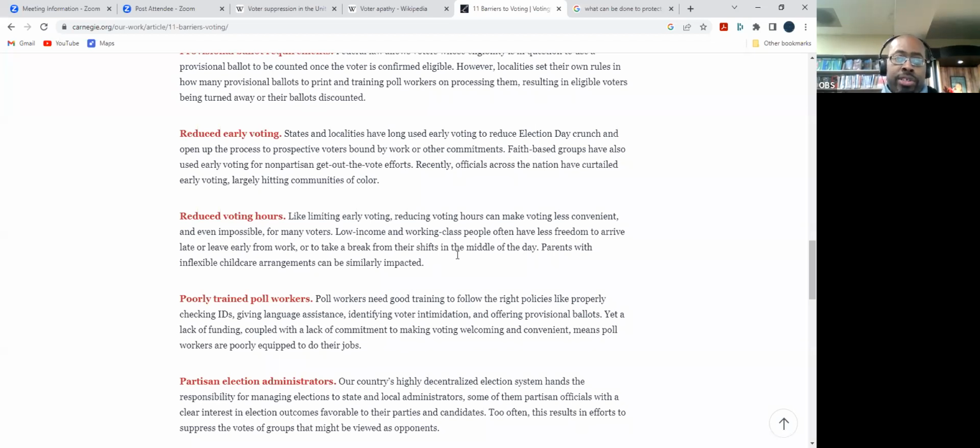So this is a really big issue, where you have a lot of people that are not able to vote on election day because they have to work, they have other commitments, or they may be out of their voting jurisdiction.